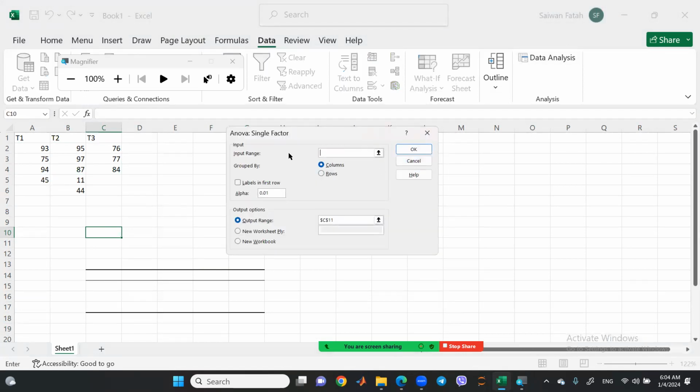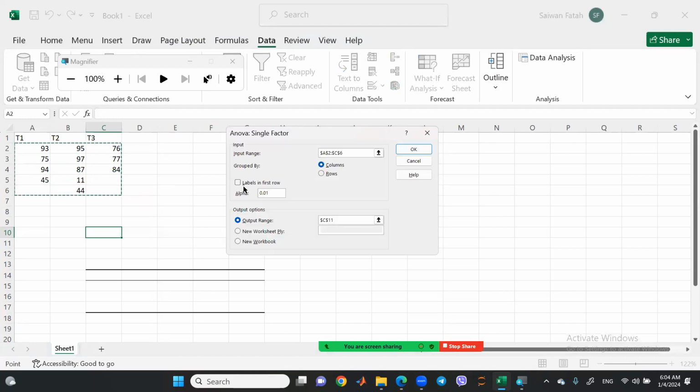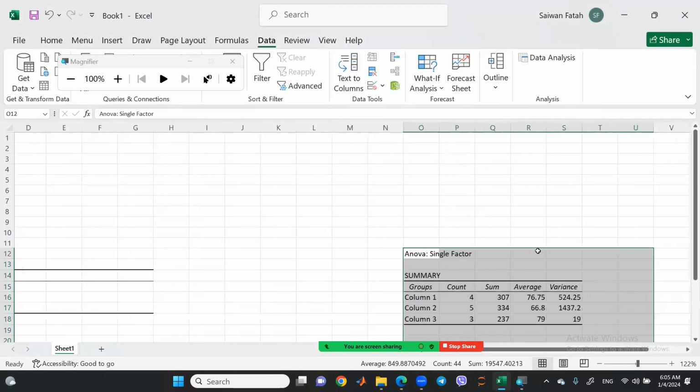Here we have the range of our data. Click from first to end. Okay, it's in columns. Let's say alpha to be 0.05. Then let's give us our result here. Now click on OK. It gives us the result here.